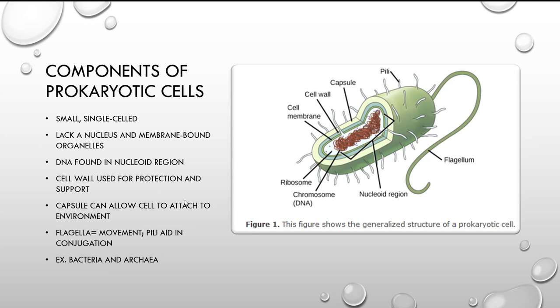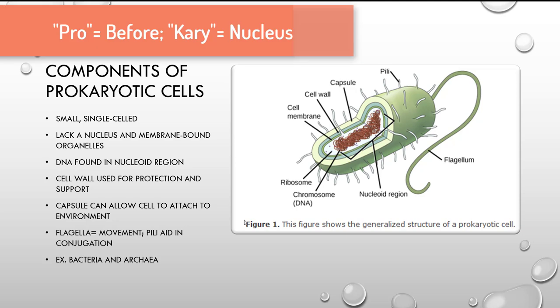All right, so let's take a look at the difference between prokaryotic cells and eukaryotic cells. First off, I think I talked about this in topic 1, so this might be a little bit of a review. Pro means before, and karyotic or kary means nucleus.